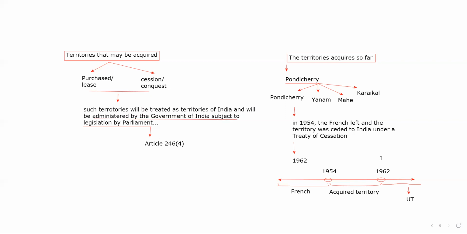Therefore it was given the status of an acquired territory, and kept as such till 1962.